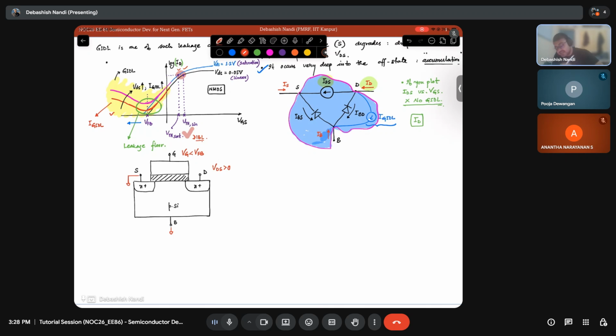What I am interested in is this region. So what is the status of the device? There I have holes, because my device is in accumulation or in deep off state. Fine. So I'll just zoom this region up.